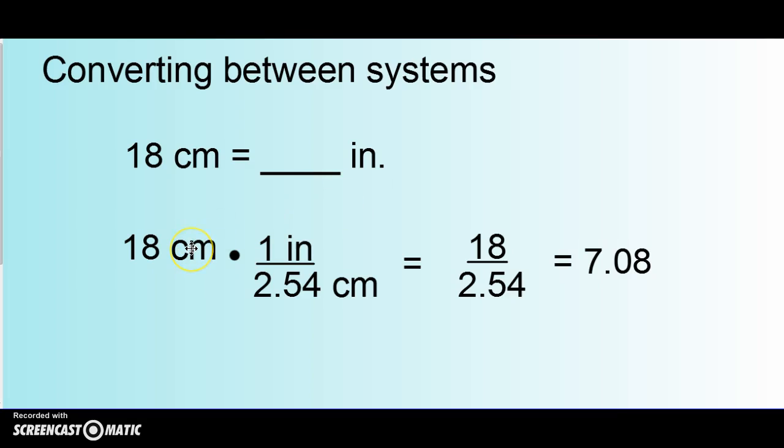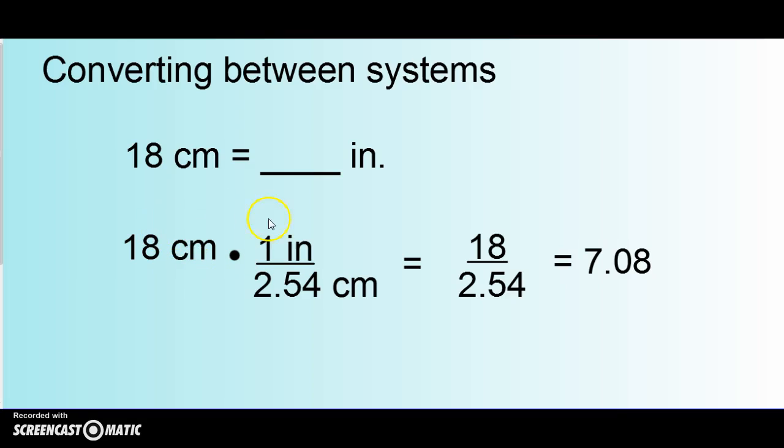So think again about the exchange or the ratio: 1 inch is the same as 2.54 centimeters. This time you don't want to keep the 1 in the denominator, because you want to cancel the centimeters out. So technically you're multiplying by that unit rate's reciprocal.